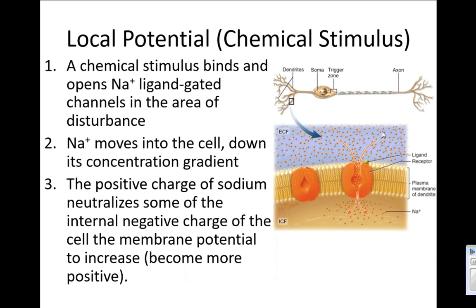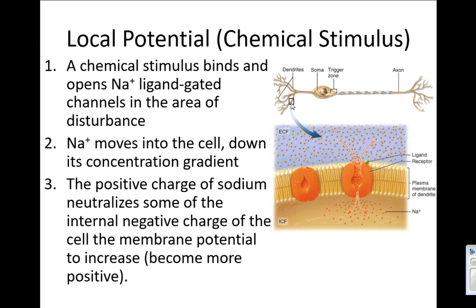Here are 3 steps of local or graded potential, and we're going to use a chemical stimulus to describe what happens. Okay. Here we have a bipolar neuron. We said bipolar neurons, remember, have the cell body between 2 extensions. One's the axon and one's a kind of branch that then branches to the dendrites.